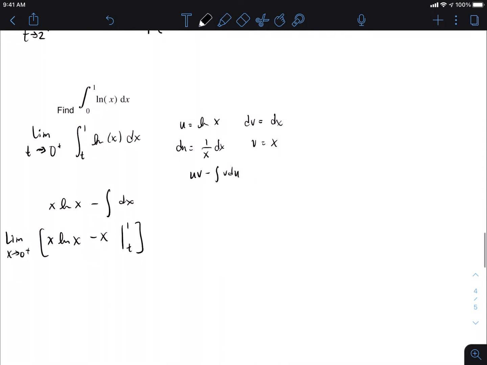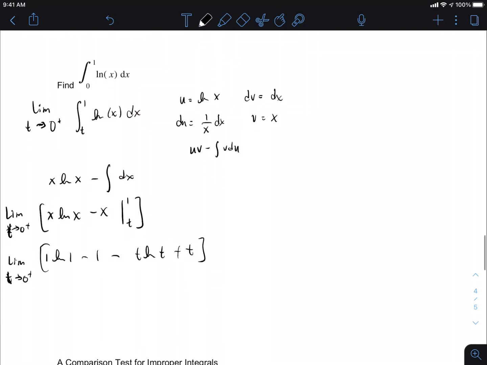Okay. So then as I plug in my values, I'm going to get, well, I'll do this piece first. That should be a t, dang it. t goes to 0 from the right. I'm going to get 1 ln of 1 minus 1 minus t ln of t minus t, which should become a plus. ln of 1 is 0, right?